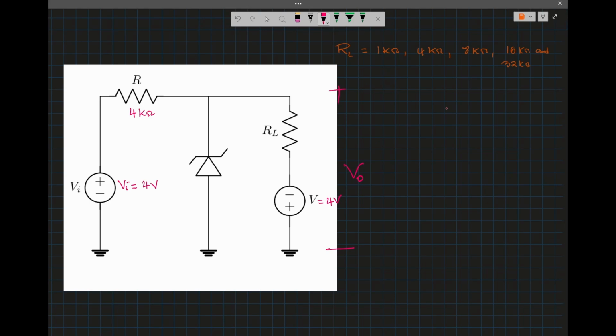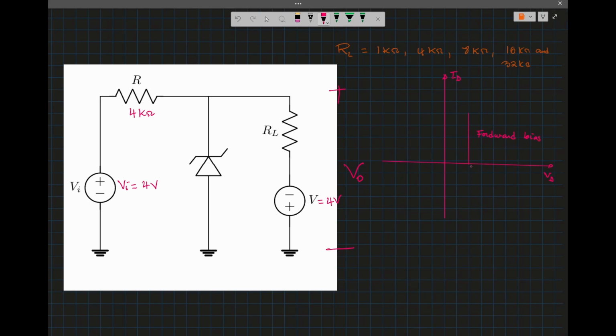So the characteristic of a Zener diode looks like this. This is the voltage across the diode, and that's the current through the diode. We're going to approximate the voltage by the forward voltage, the forward bias.